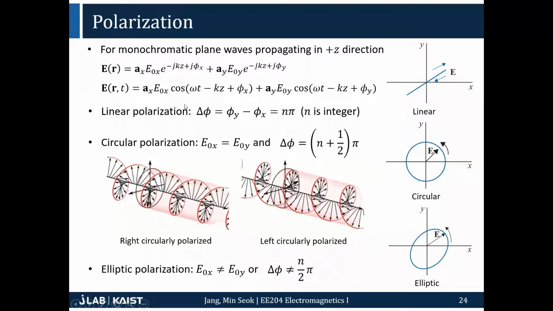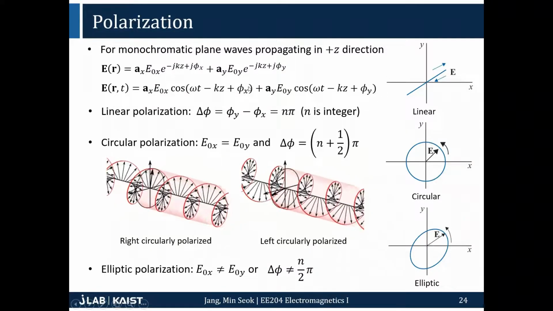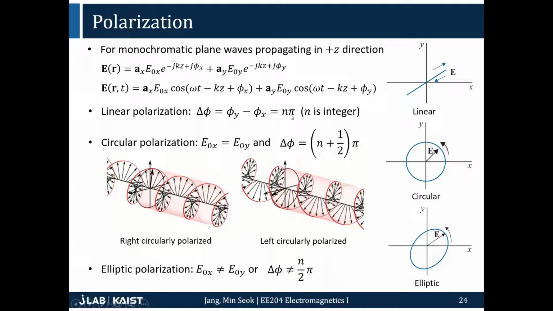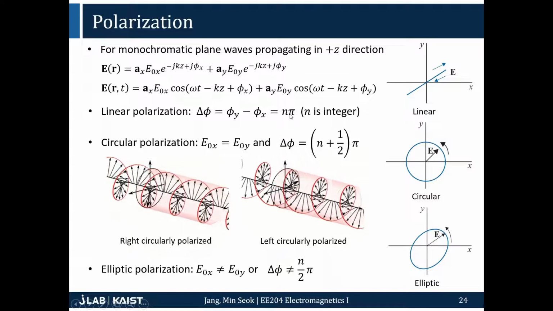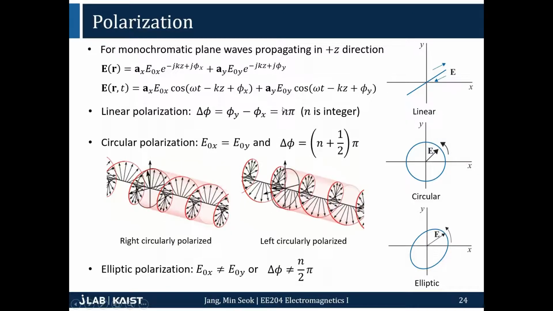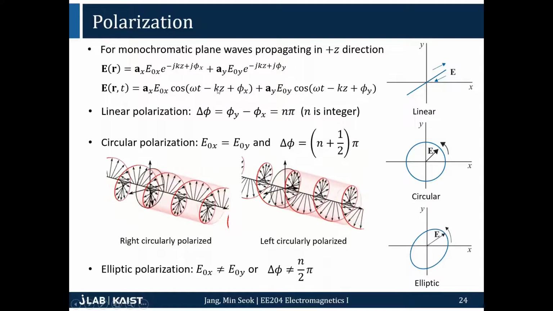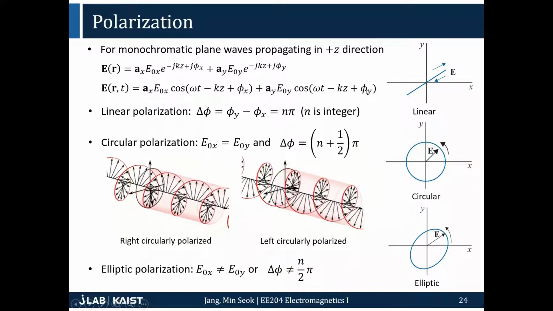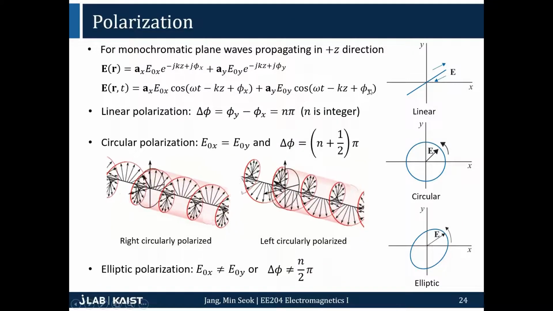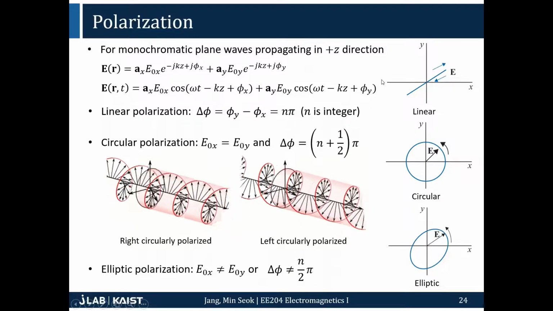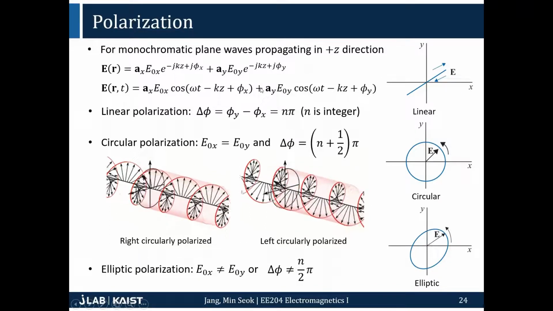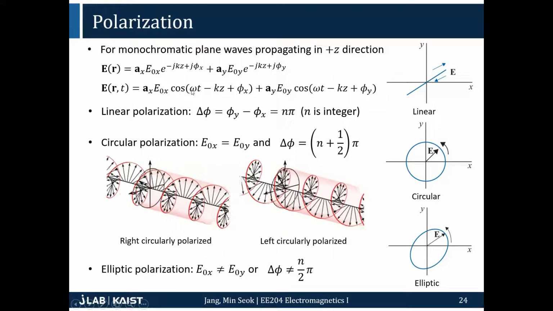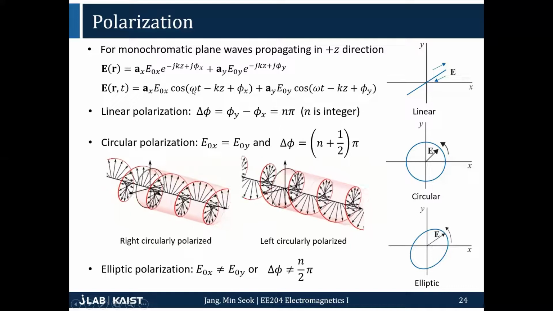Here, the difference between phi x and phi y is an integer multiple of pi. If this is phi x, then this is pi plus phi x. So even though we add pi here, it only flips the direction, but basically it's still cosine dependence, right? There's no problem.